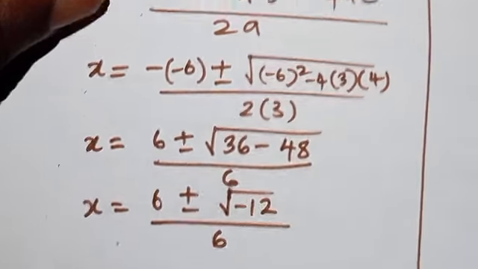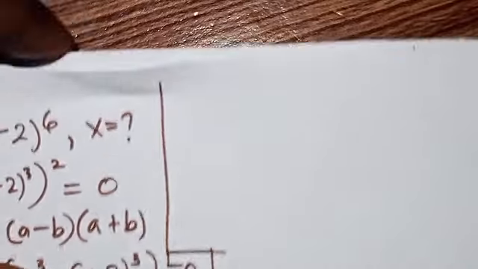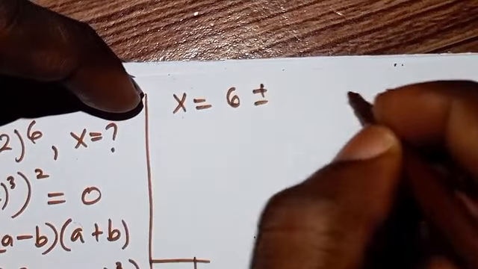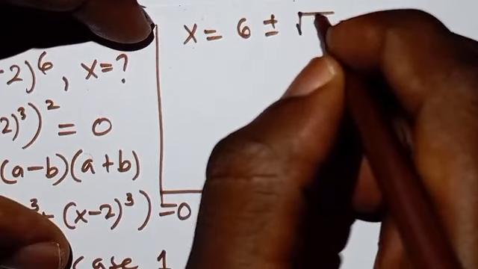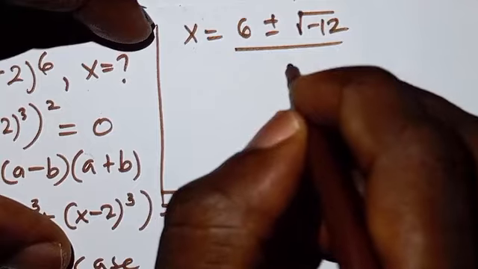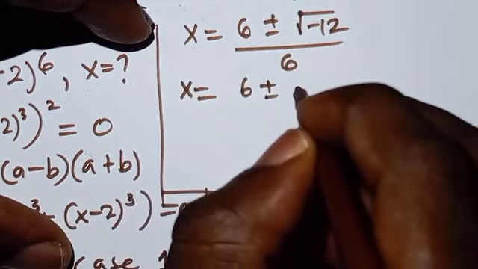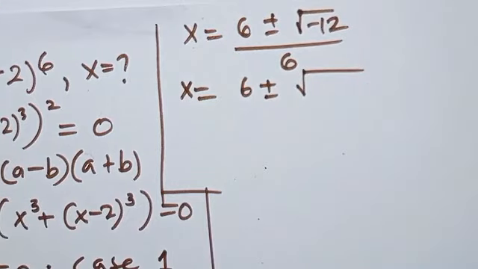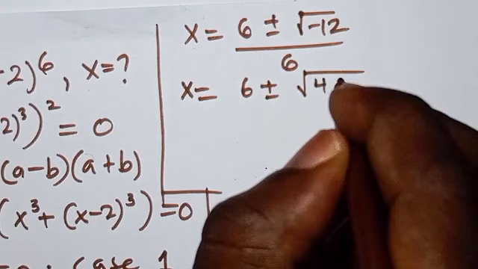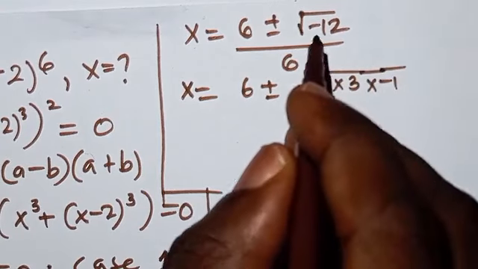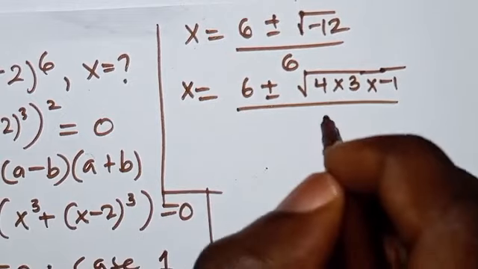So x is going to be 6 plus or minus the root of minus 12. Let me write it again. x will be 6 plus or minus the square root of 4 times 3 times minus 1, that will give us minus 12, all over 6.